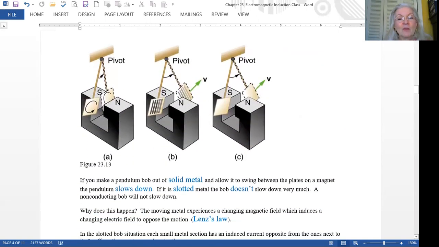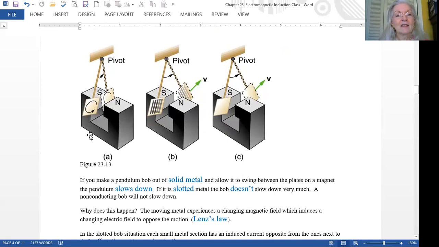This diagram is from your textbook as well, and it shows an interesting result. You have a swinging pendulum, and you have a solid one, one with open slats in it, and one that is a non-conductor.